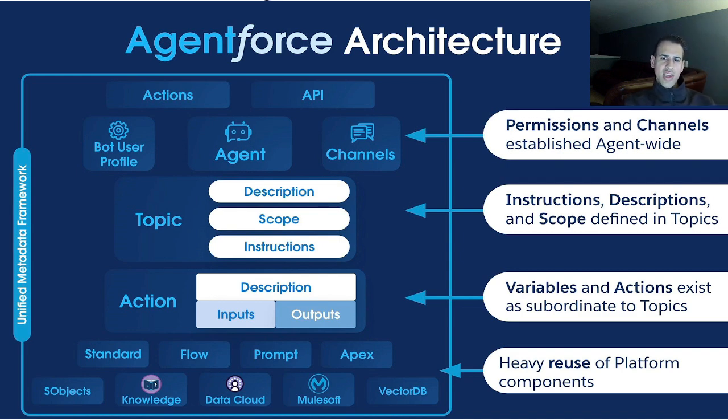And then finally, each topic has several actions associated with them. There are various types of actions. There are Apex actions, there are flows, there are prompts. But basically the concept of an action is that these are defined concrete steps.